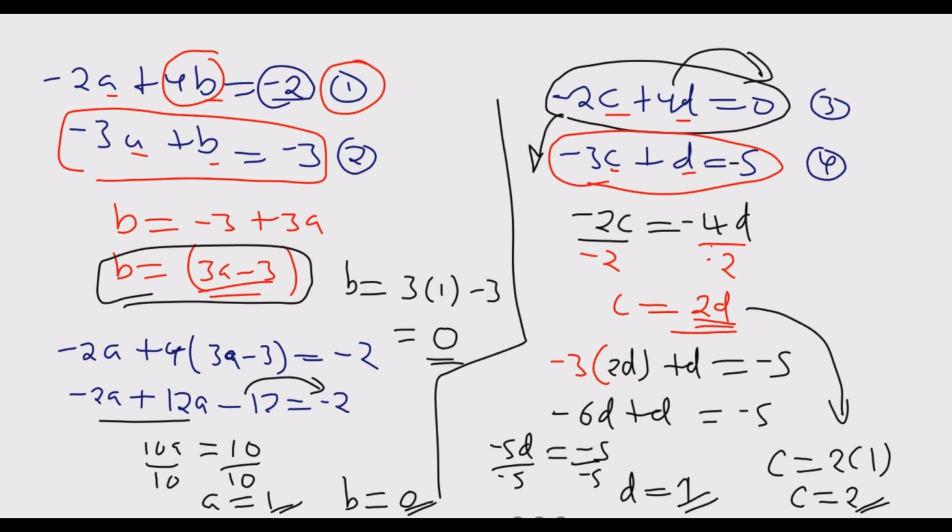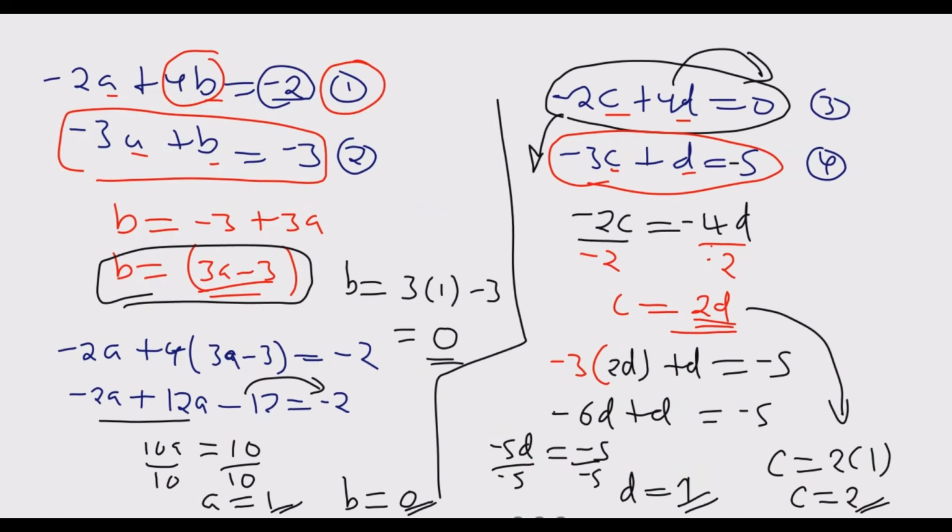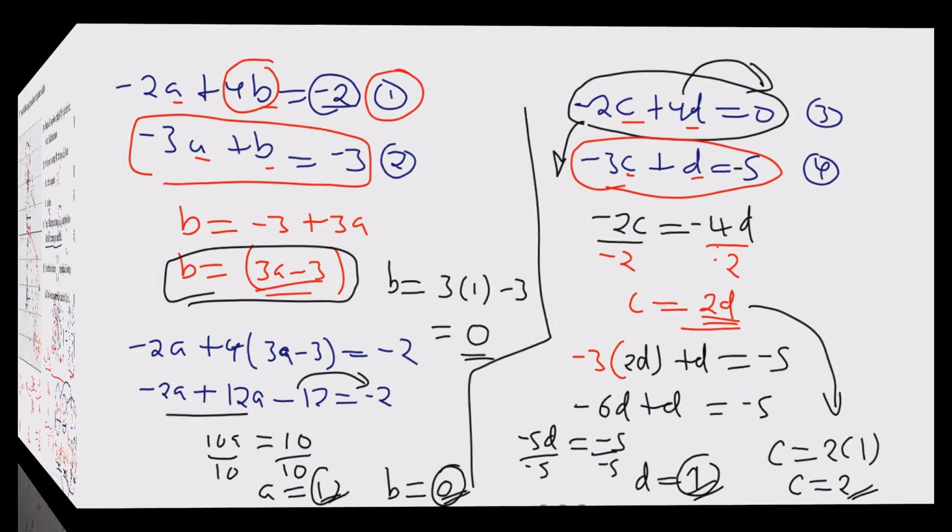So since now we know the value of all the 4 variables, we can now write this matrix. I can write it here. So what's the value of a? The value of a is 1, then the value of b is 0, then d is 1, then c is 2.